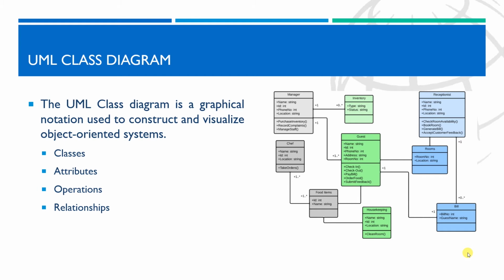A class diagram in the Unified Modeling Language, which is the acronym for UML, is a type of static structure diagram that describes the structure of a system by showing the classes, attributes, operations, and relationships.